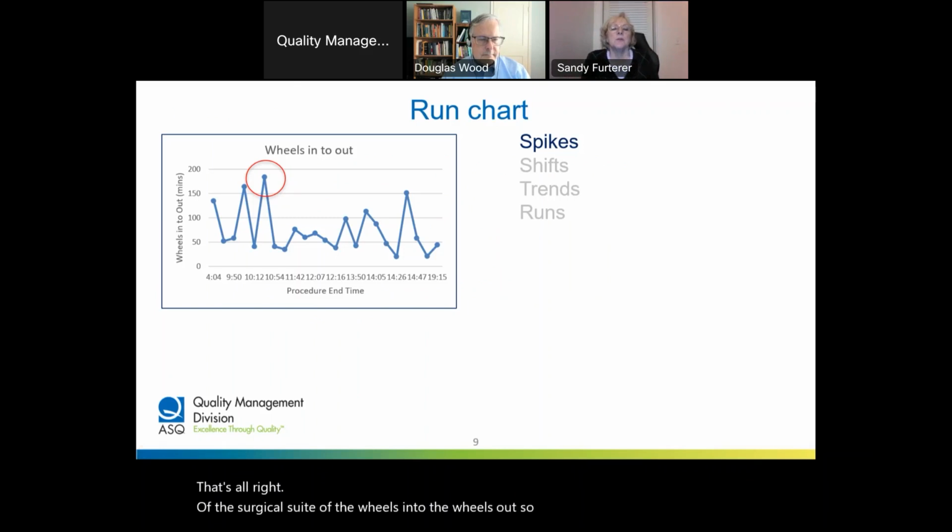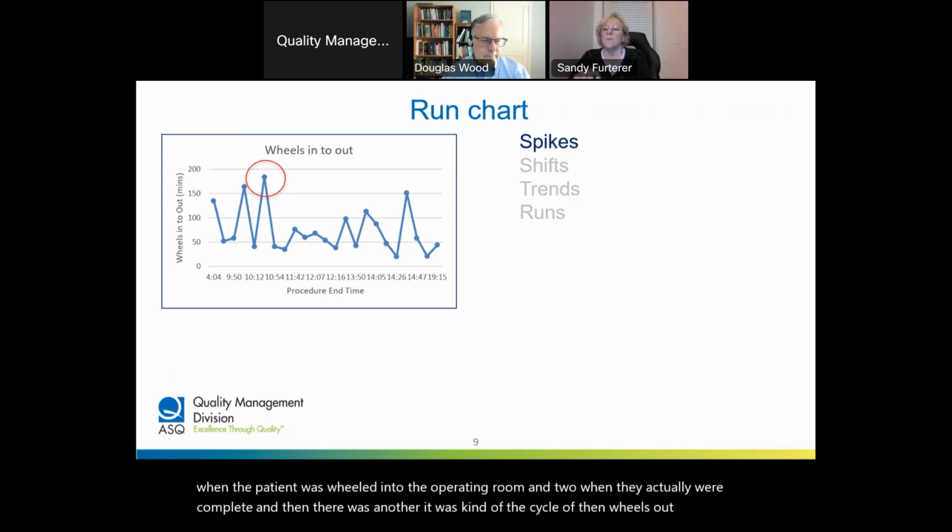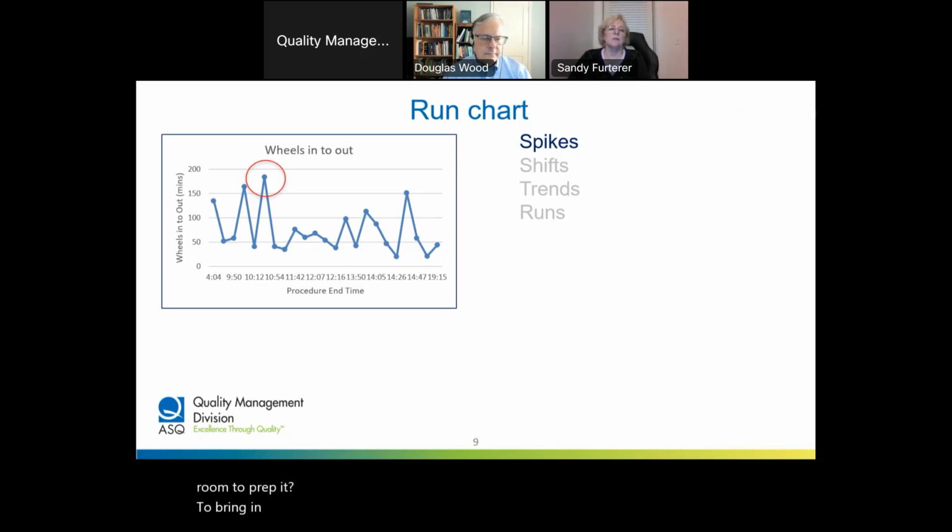So what they usually measured was when the patient was wheeled into the operating room and to when they actually were complete. And then there was kind of the cycle of then wheels out. How long did it take before the next patient got wheeled in? How long did it take to clean that surgical room, to prep it, to bring in all the instruments and so forth? So this is what they looked at, and you can see there's a lot of that natural variation.